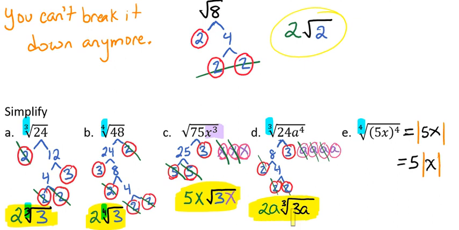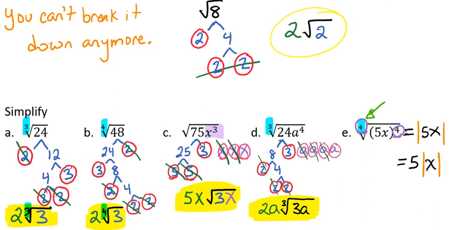Now, number 4 could have been really tricky and probably pretty confusing sometimes. But one of the properties of radicals says that when our index, our root, and our exponent are the same, we need to ask ourselves, is this number even or odd?